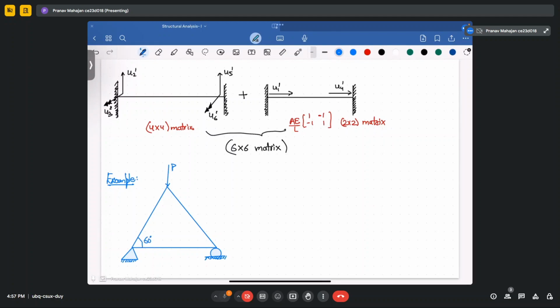For this case, we have already solved using simple methods. So how did you receive the values? For that you got the values as, in this case, this part will be in compression and this part will be in tension. So here the values you have received are P by root 3, and here it is P by 2 root 3. Okay, so these are the answers you already know. Now we will see how to solve using the stiffness method.